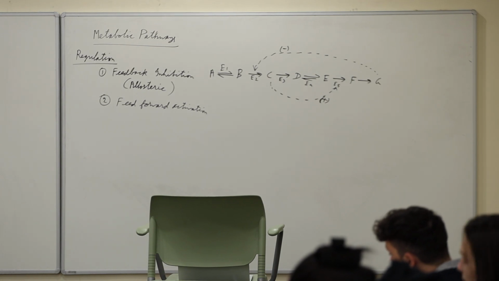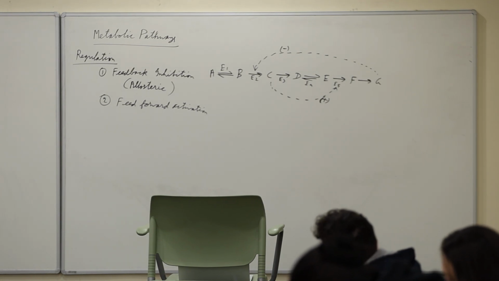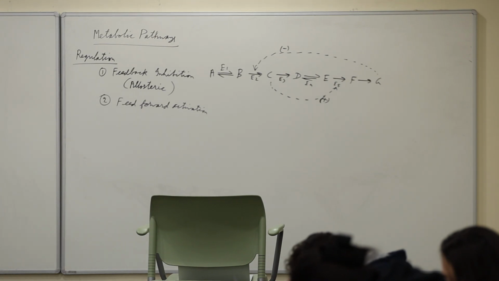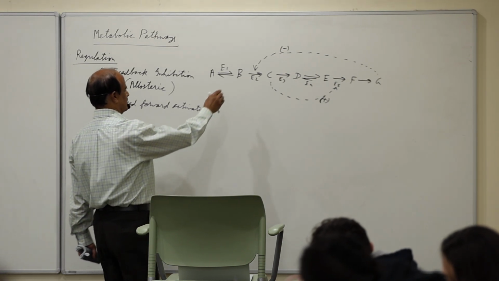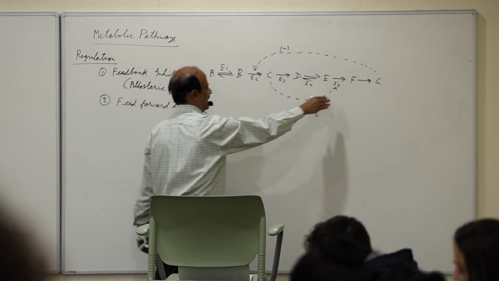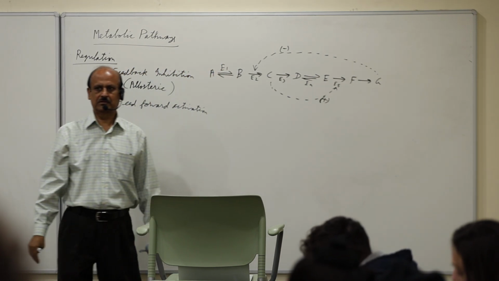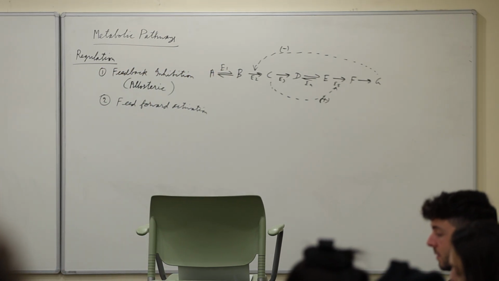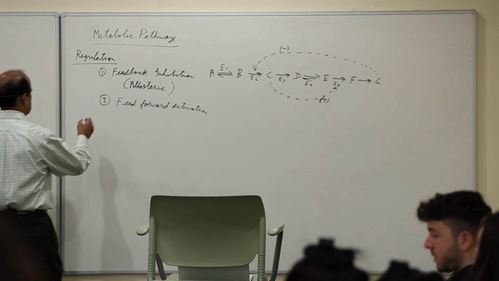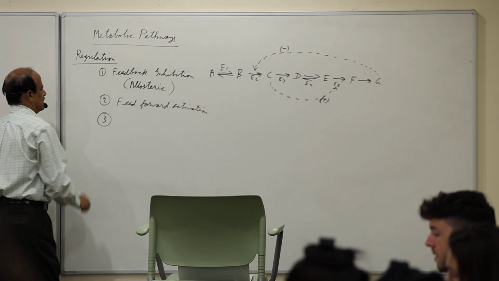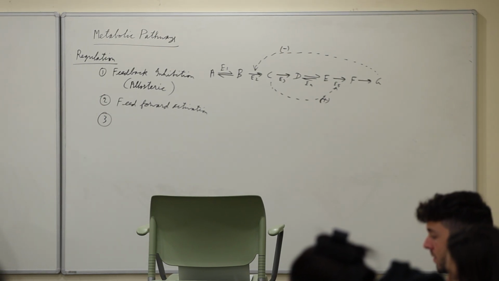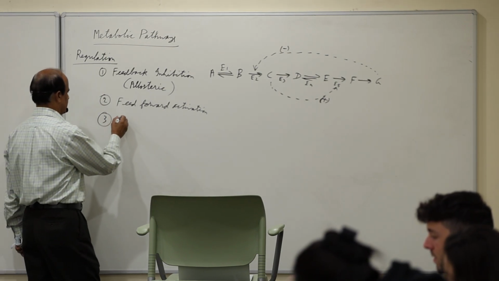It was inactivated by other means, and it needs to be activated, and that is done by one of the earlier products of the pathway. It activates a later step in that pathway. So that is feed-forward activation. Another method of regulation is covalent modification.